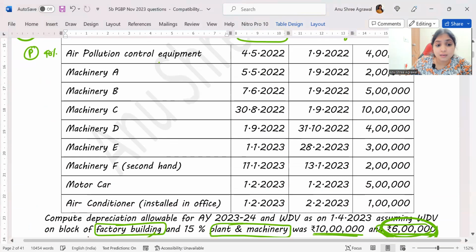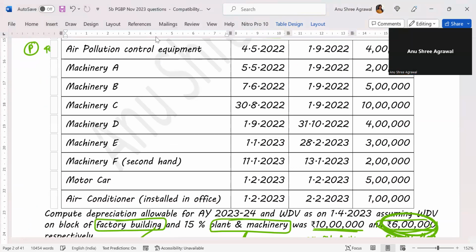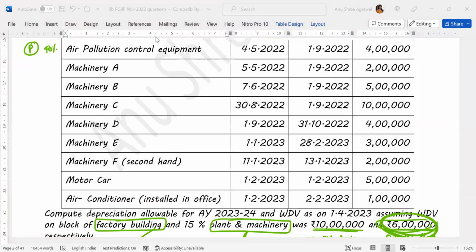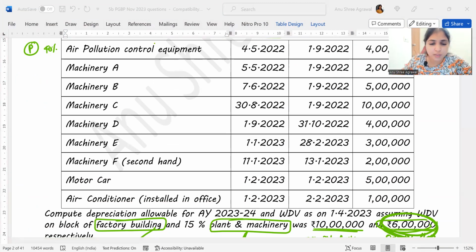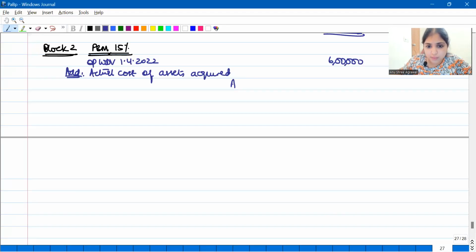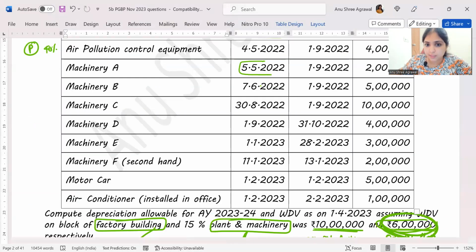Then what are your other new purchases? We bought machinery A. Will machinery A come into this block? Yes, it is plant and machinery category. General plant and machinery category is 15%, so therefore machinery A will come into this block. So add actual cost of assets acquired, we have machinery A. Now listen, it was acquired on 5th May 2022, which is this year, 22-23.